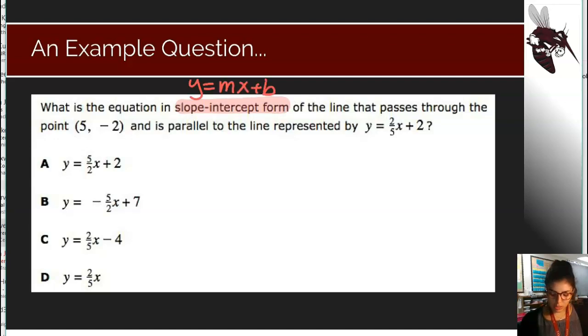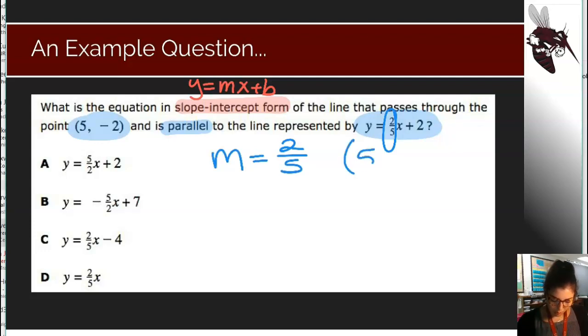We also know that it needs to go through the point (5, -2) and be parallel to this equation. Parallel means they have the same slope. The slope for the equation that's given is 2/5, which means the slope that I want to use is 2/5. And the point I want to use is (5, -2).